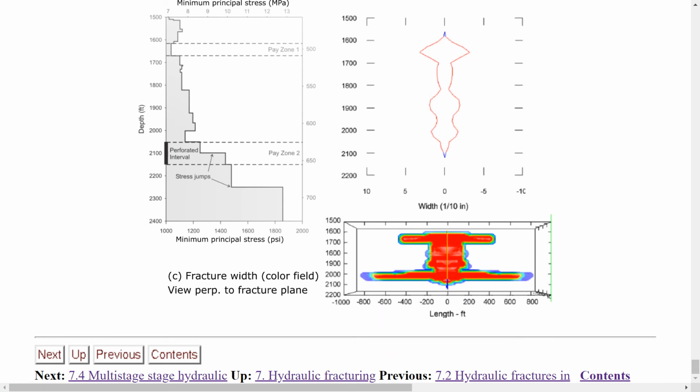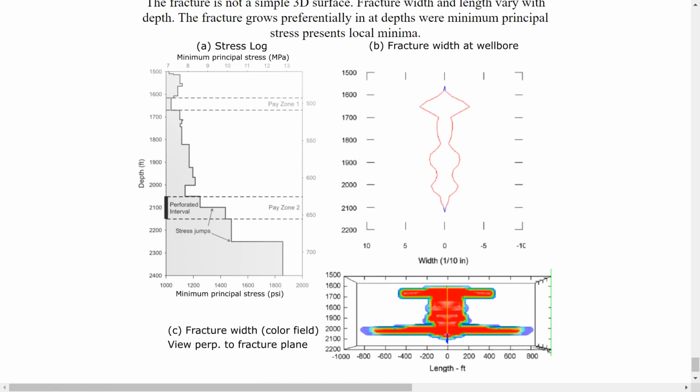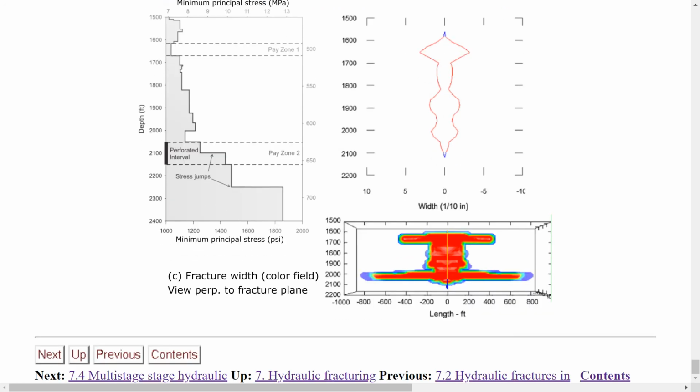So just to clarify, this is a cross-section of the fracture at the wellbore, and we see the width. Here, this is a side view of the fracture, where this is the plane of the fracture, and you can see how hydraulic fracture height is not constant anymore, but varies with depth, because we have now put in this more complex variation of stress with depth.